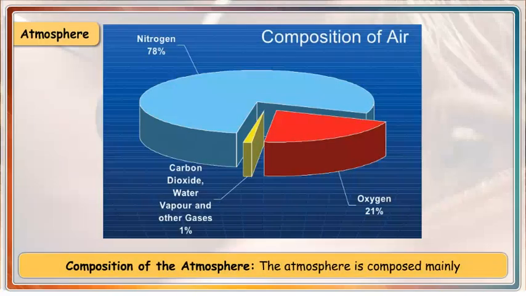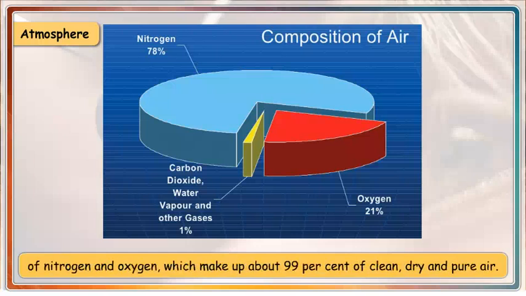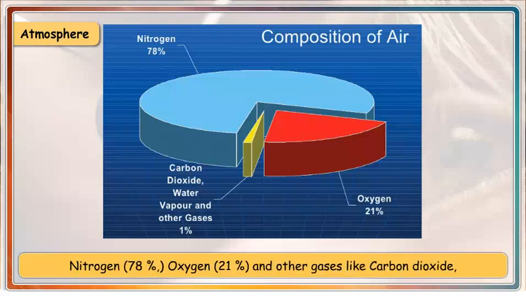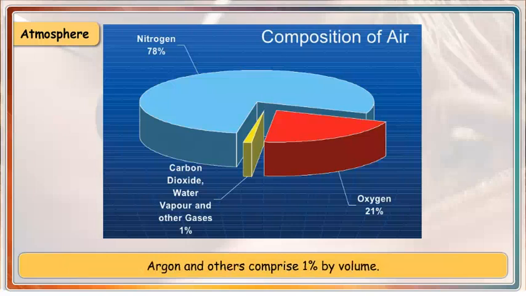Composition of the atmosphere. The atmosphere is composed mainly of nitrogen and oxygen, which make up about 99% of clean, dry and pure air. Nitrogen, that is 78%, oxygen, that is 21%, and other gases like carbon dioxide, argon and others comprise 1% by volume.